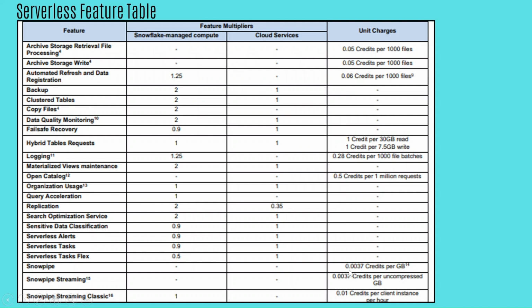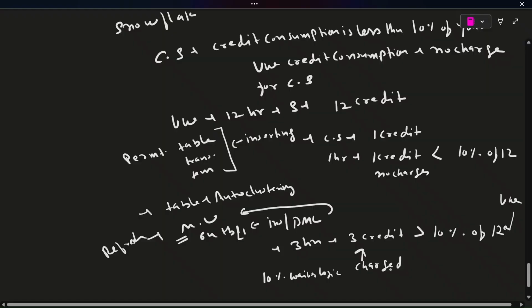Your charges are 0.0037 credits per GB. Got it? So let's say you have a 100 GB file. And one more important thing, for Snowpipe, your costing will be on the actual size, not on the compressed size. Got it?